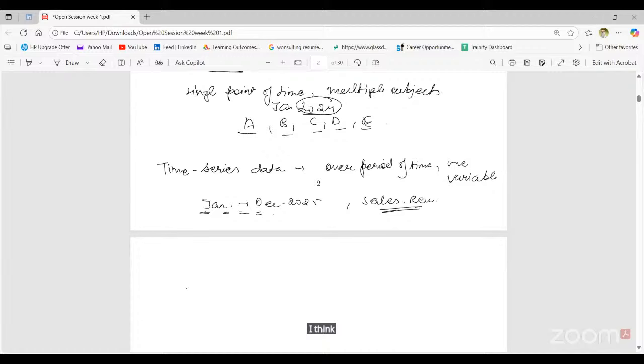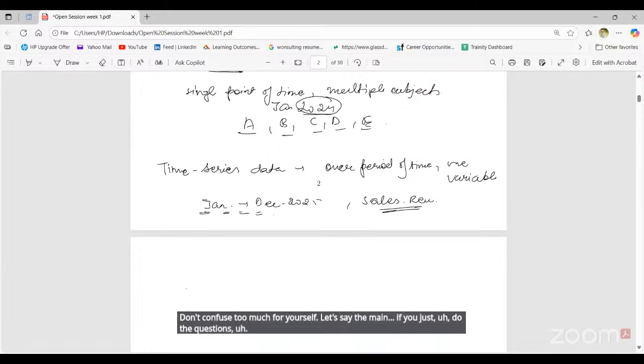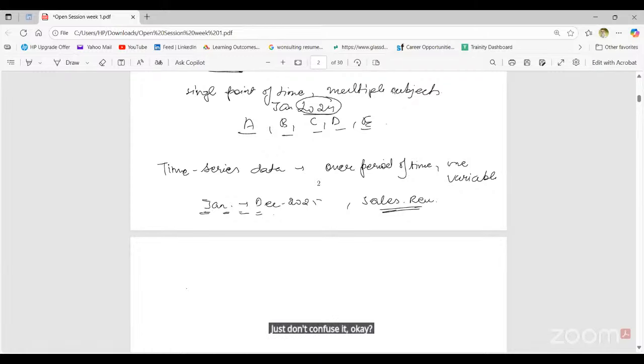Don't confuse yourself too much. If you just do the questions, the main thing is if it's a unique thing, that's the case. Just by seeing the table and everything, you will get to know what is the case. Just don't think too much.